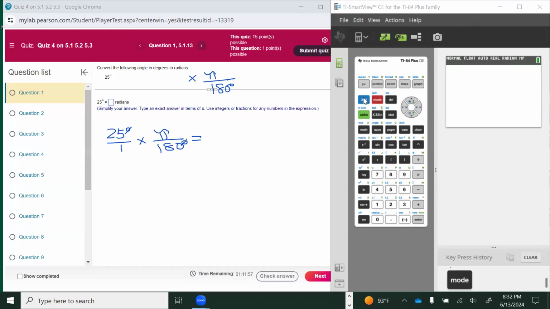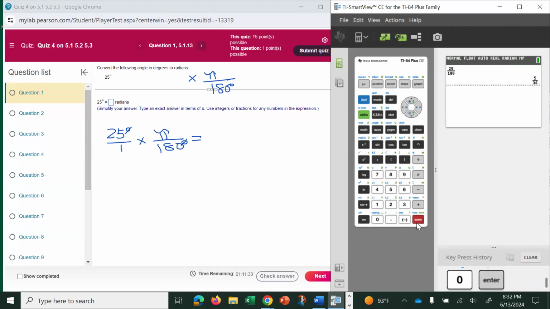So I don't want to put pi in the calculator. I can do 205 over 180 and have it simplify for me.